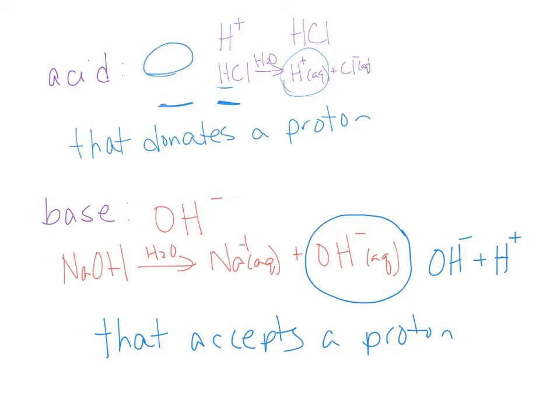They're going to join forces, and it will become H2O, or you could write it as HOH. So this hydroxide, because it has a negative charge, is ready and willing to accept a proton, and that's why we're going to call it a base. We're making definitions right now.